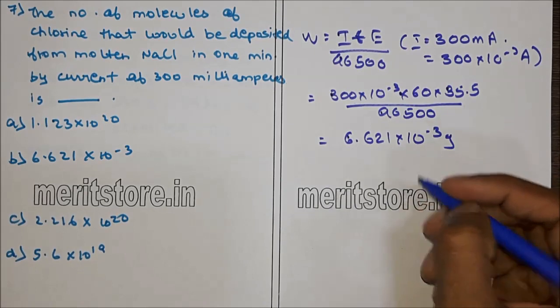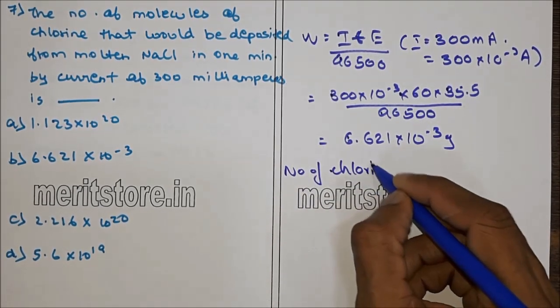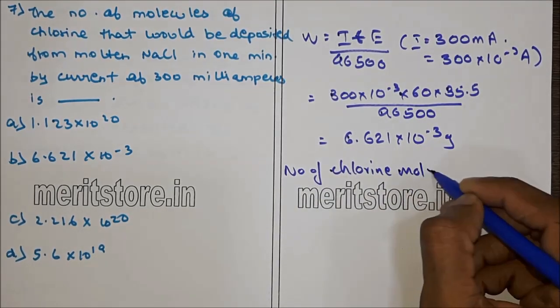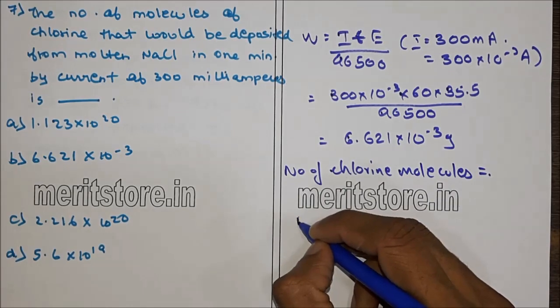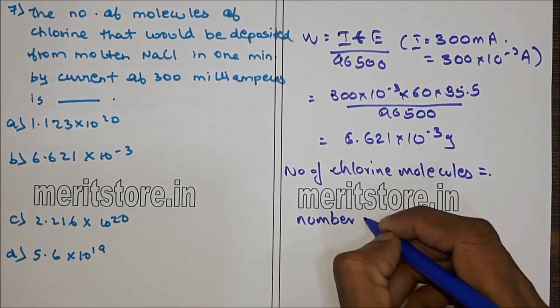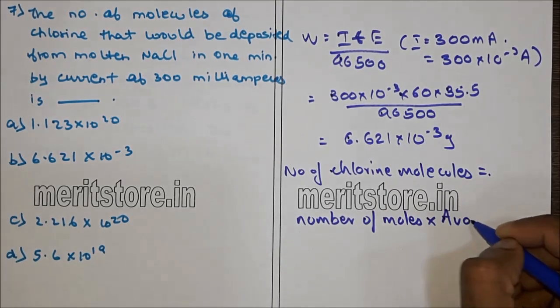So number of chlorine molecules can be given as number of moles into Avogadro number.